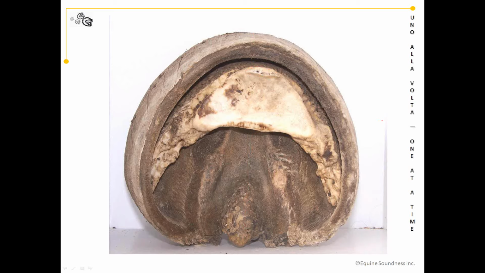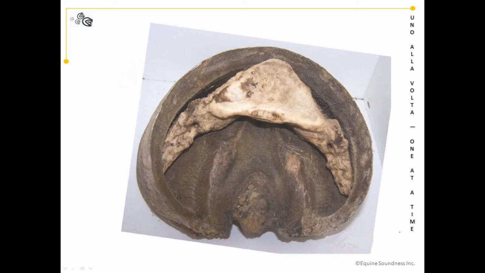As I said, I have no history of this, and everything else is again speculation. But you can see how far back the palmar processes go and how tight this all is. The rest is filled out with soft tissue, with lamellar corium, which we will talk about in a later lecture.